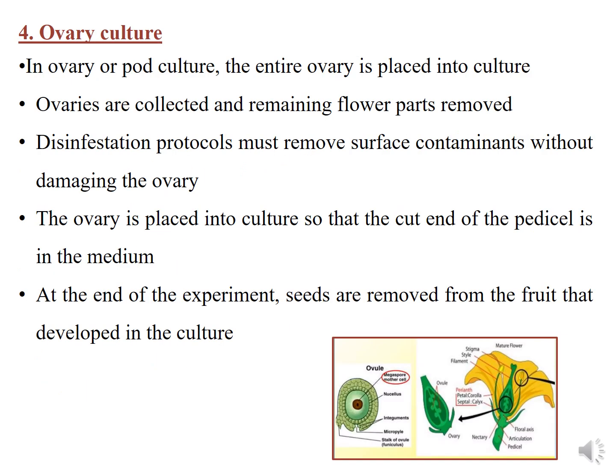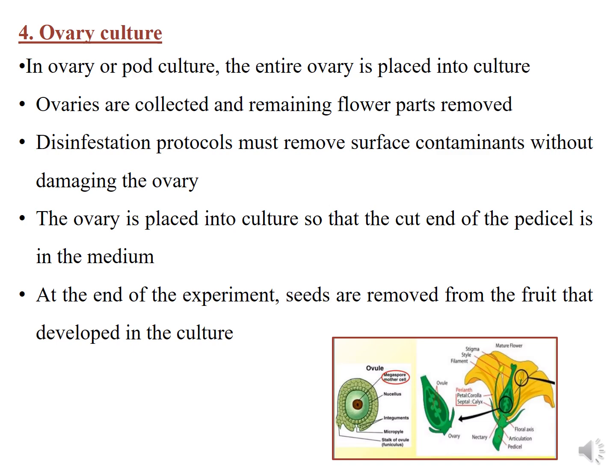Then coming to the other one, that is ovary culture. In ovary or pod culture, the entire ovary is placed into the culture. It is very easy because we are excising the entire ovary, and we have to do the surface sterilization process to remove the external contaminants which are present on the ovary.